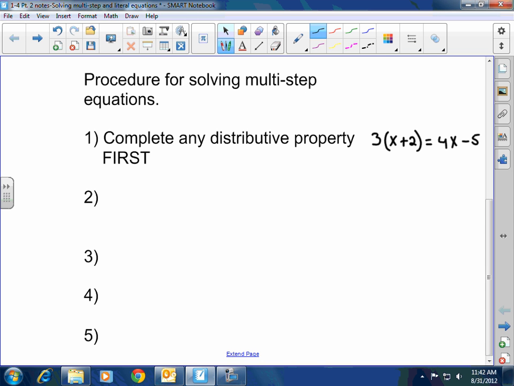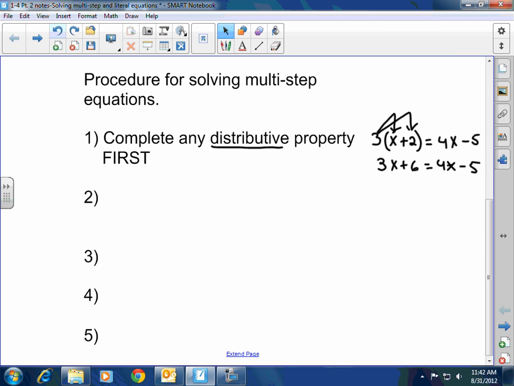Okay? So complete any distributive property first. Well, in this example, this is the distributive property right there. So we're going to complete it. Multiply 3 times x plus 3 times 2. So you're going to have 3x plus 6 equals 4x minus 5.